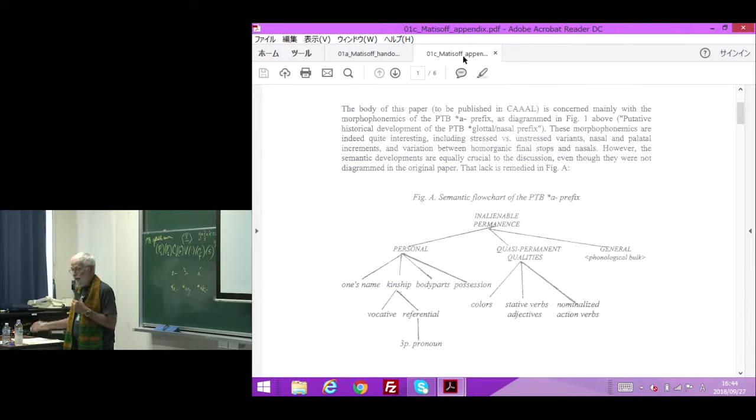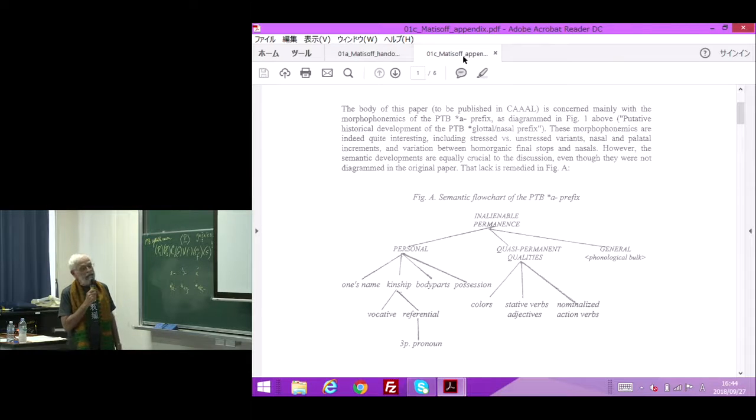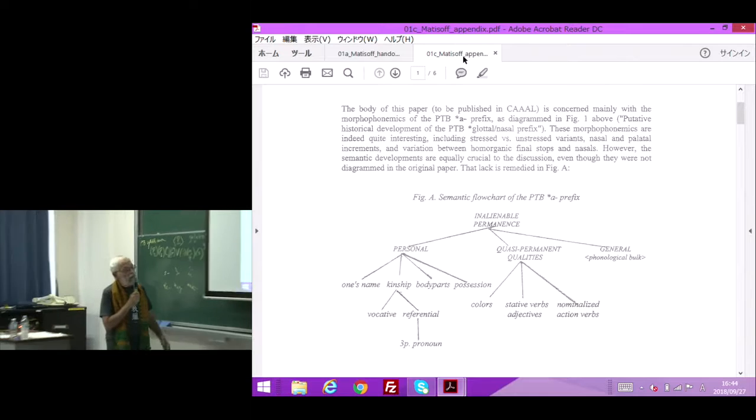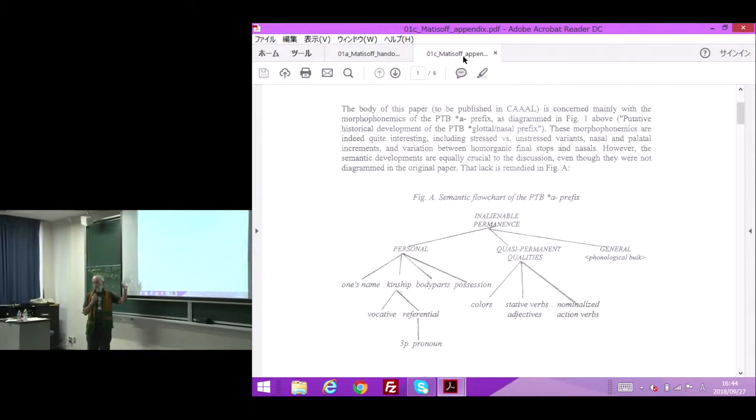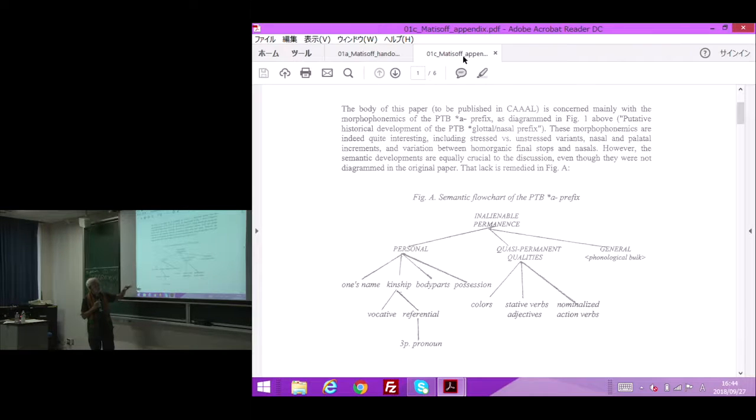Okay, I think the basic meaning of this prefix is something like inalienable permanence. And what are inalienably possessed things? First of all, one's own name is inalienably possessed. So typically, this prefix occurs before people's names.